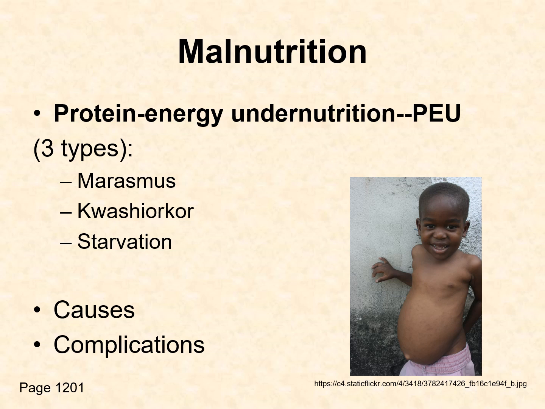Marasmus is a calorie malnutrition in which body fat and protein are wasted, but serum proteins are often preserved. So there's enough protein in the blood, but there is a calorie malnutrition of protein and fat.